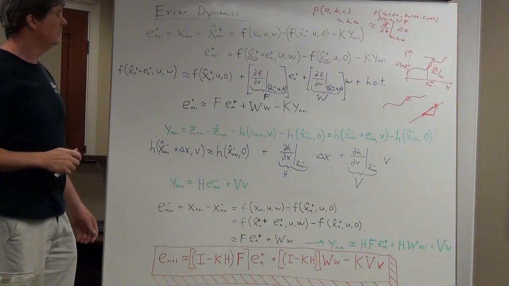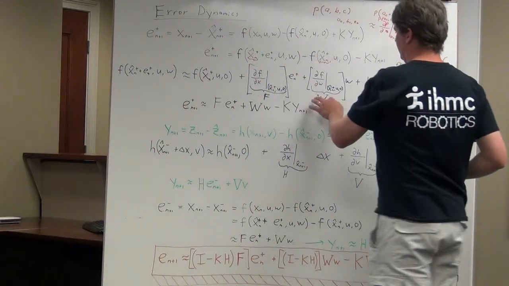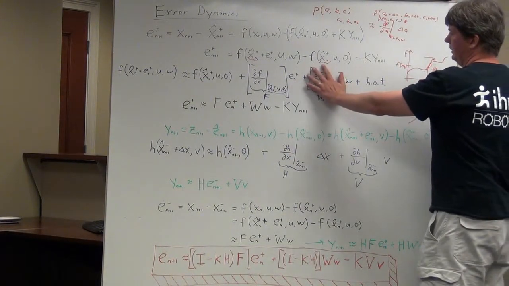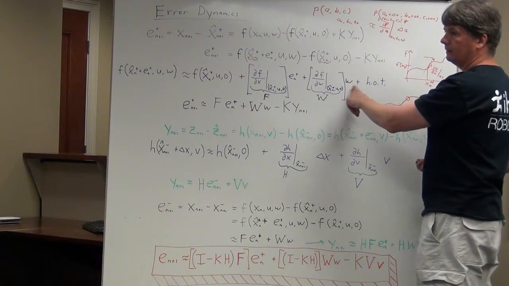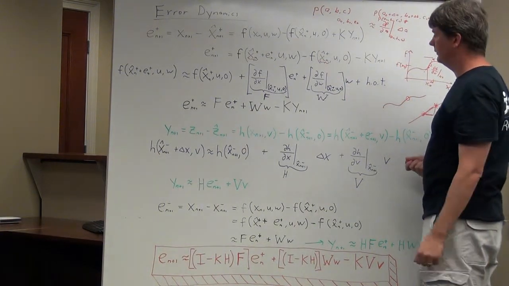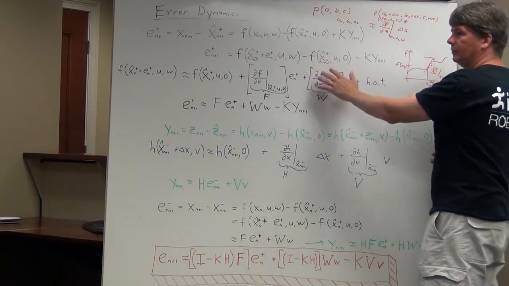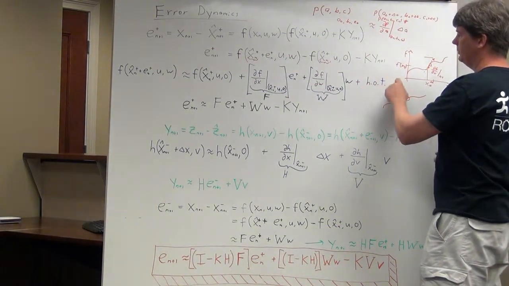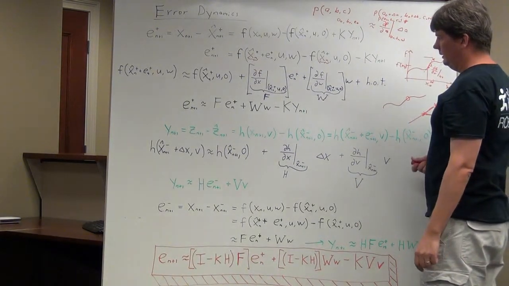Times w, so times 0. Well, this is a non-zero matrix, and then this is just whatever w happens to be. Yeah, those don't cancel out because those are your first order terms. You keep those. Yeah, but there'd be something times w isn't squared. w assumed to be 0 mean? Yes, but it's not 0.